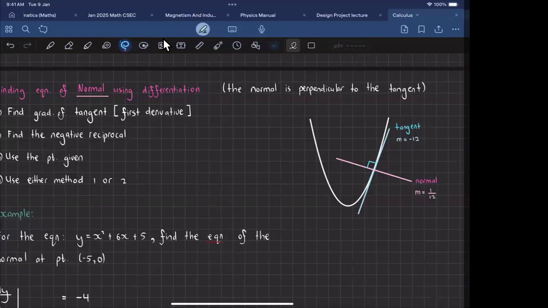When I change the sign and I flip it, how would I say that mathematically? The negative reciprocal. So the gradients are the negative reciprocals of each other.